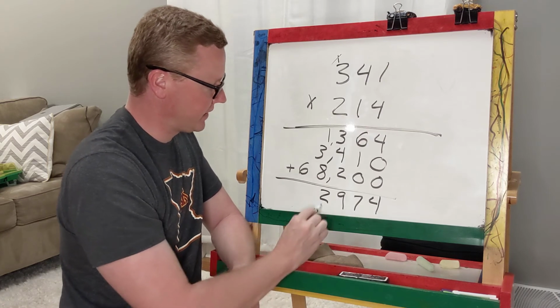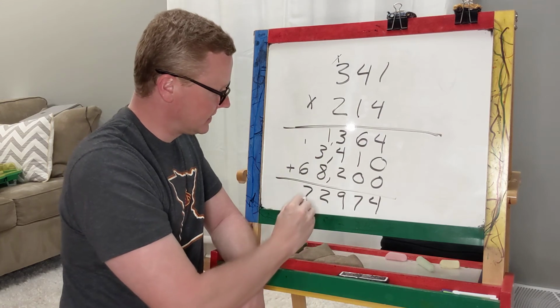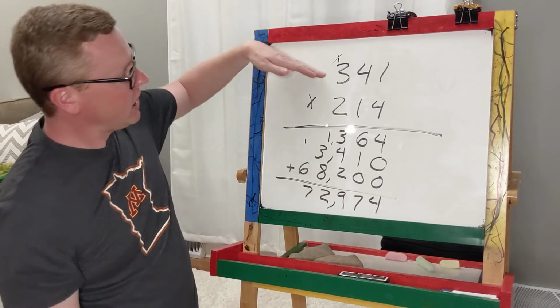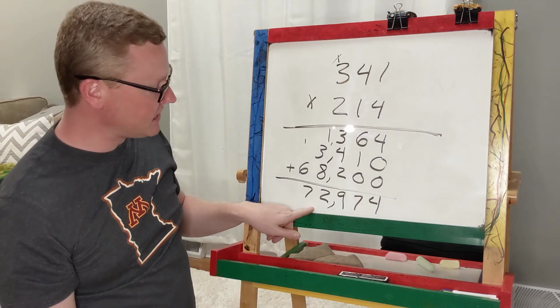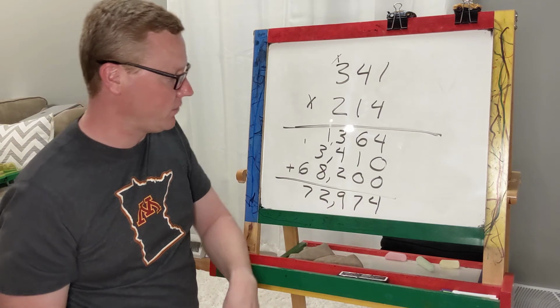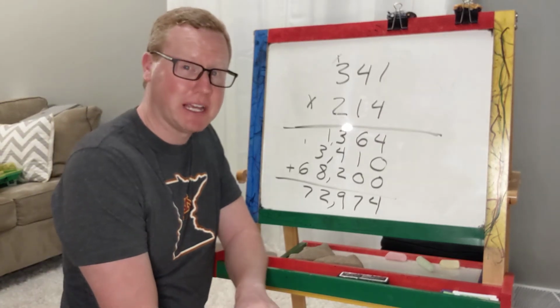I can't put a 12 there, but I put my 1 up here, and now I'm adding again, is 7. So 341 times 214 is 72,974. Those are some huge numbers that you can now multiply.